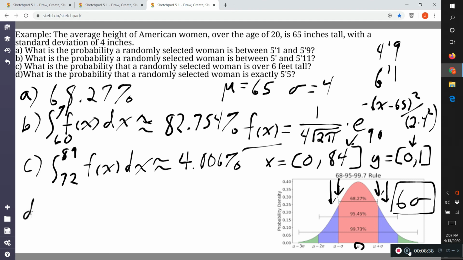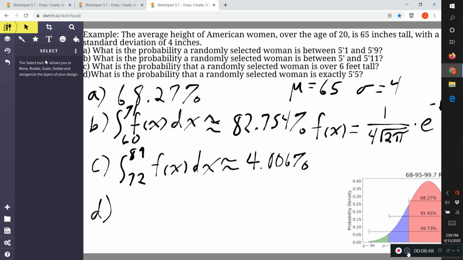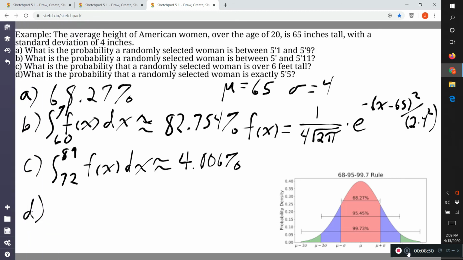Finally, part D. And part D is a bit tricky. I'm going to clear some of this. So, what is the probability that a randomly selected woman is exactly 5'5" tall? There's really 2 contexts to this problem. One is a strictly mathematical approach in which the answer is going to be 0, which doesn't make much sense to us.